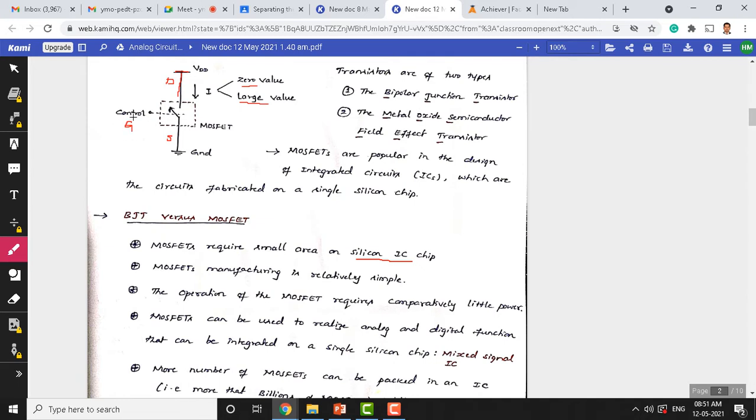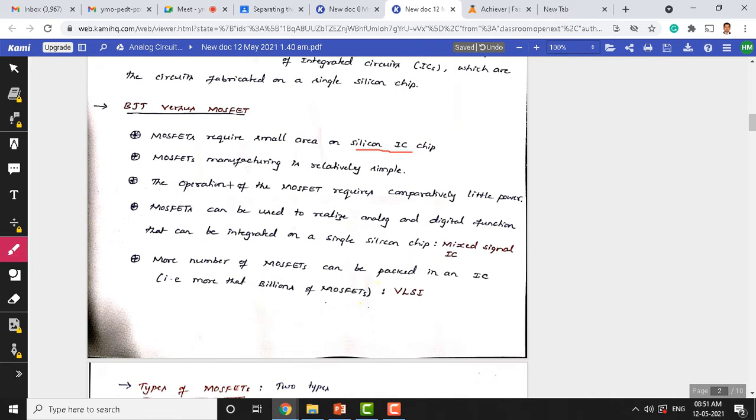The typical value of current that this MOSFET takes is 10 to the power of minus 15 amperes, which is negligible, to control the current flow from supply to ground, compared to the BJT. So that's the meaning of this. From a power consumption point of view, the operation of the MOSFET consumes very little power for its operations.